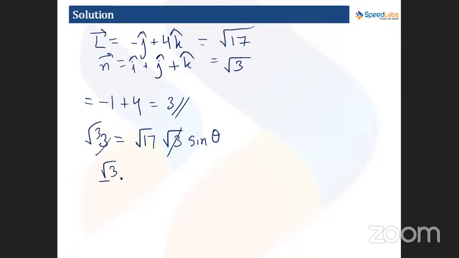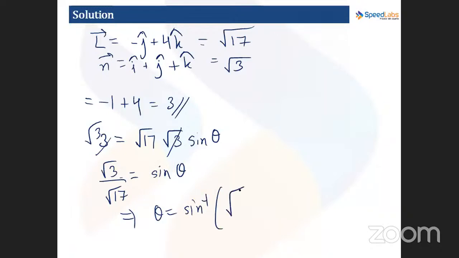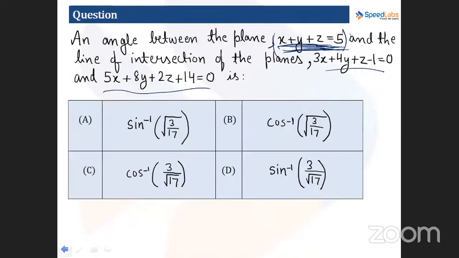So from here, root 3 by root 17 is sin theta, and this implies that theta equal to sin inverse root 3 by 17, which I guess was option A. So the correct option here was option A. So I hope everybody is clear with this solution.